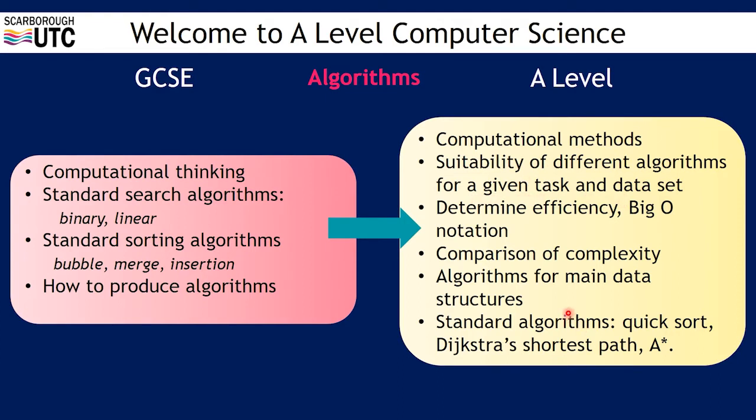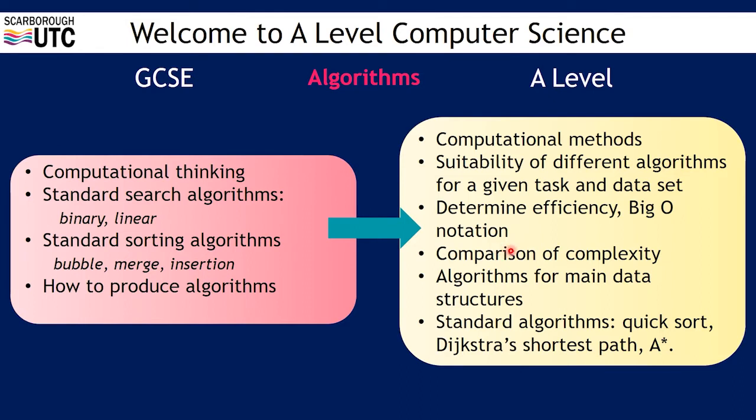And you need to know the suitability of different algorithms for a given task and data set, all right? And I think the biggest step up here is obviously knowing how all these algorithms work, plus these here at the end, the quicksort, Dijkstra, shortest path and A star, and also to be able to discuss and compare them, all right?